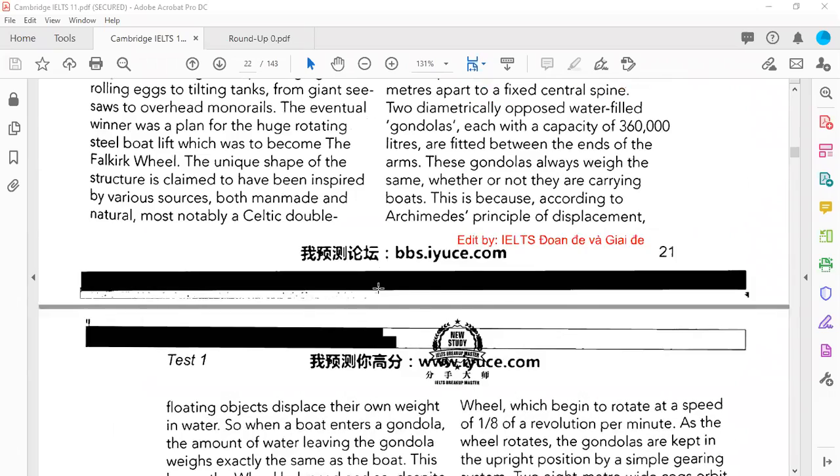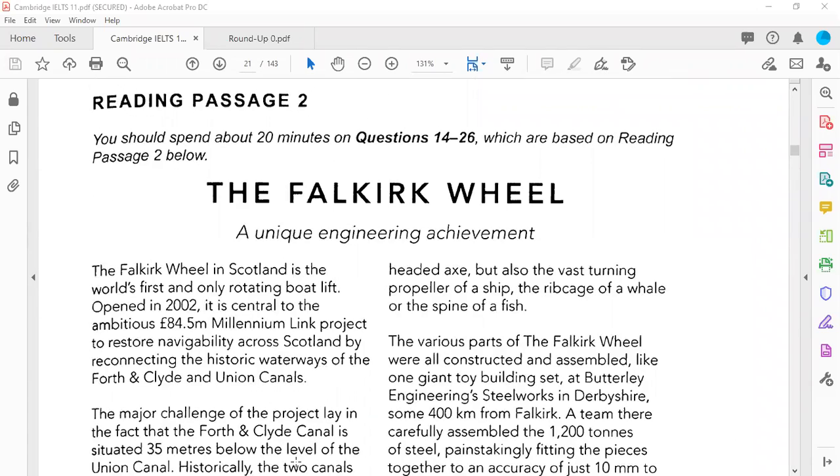The Clyde and Union Canal linked first time in history, across Scotland by reconnecting. True or false? False.